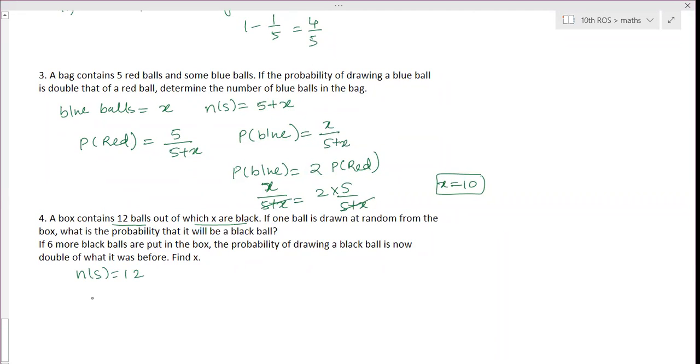So n(E) equals X, and probability of black balls equals X by 12.